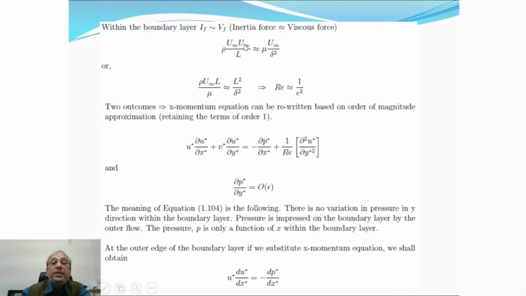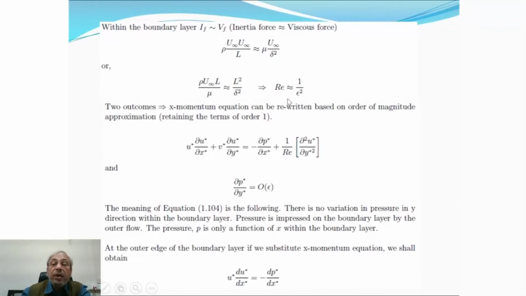Del U del X is U infinity by L, into rho. So this is the inertia force. And the viscous force is mu del 2U del Y2, so basically U infinity by delta square. From there we can write rho U infinity L by mu equal to L square by delta square. Then Reynolds number becomes 1 by epsilon square.